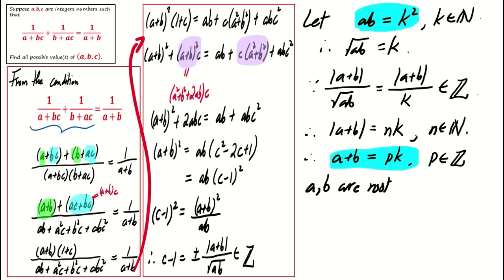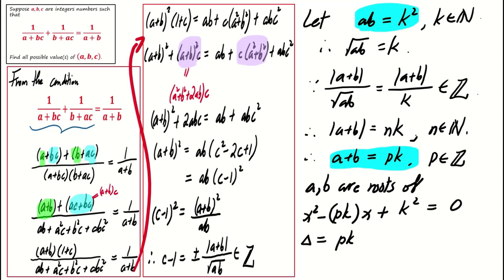Hence, we know that a and b are the roots of quadratic equation x squared minus pkx plus k squared equals 0. Now consider the discriminant, which is pk squared minus 4k squared. Factorizing it, we obtain p squared minus 4 times k squared.